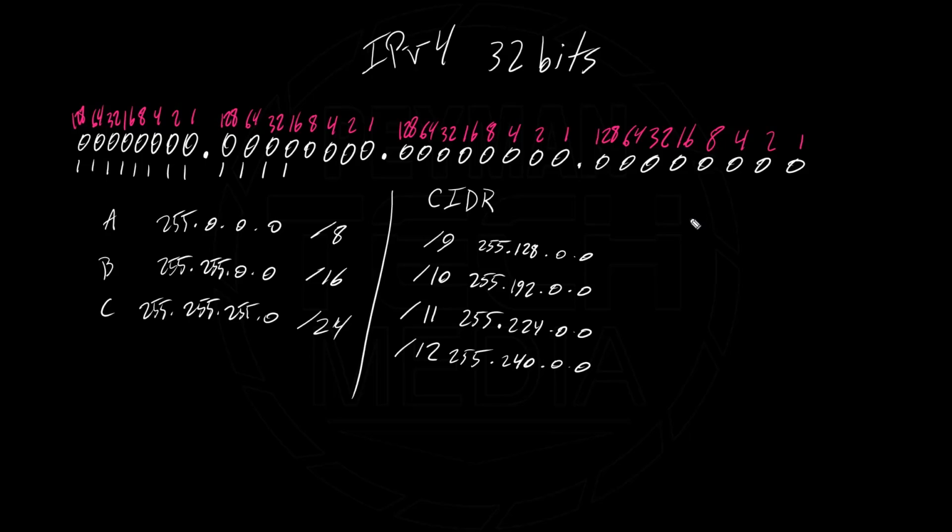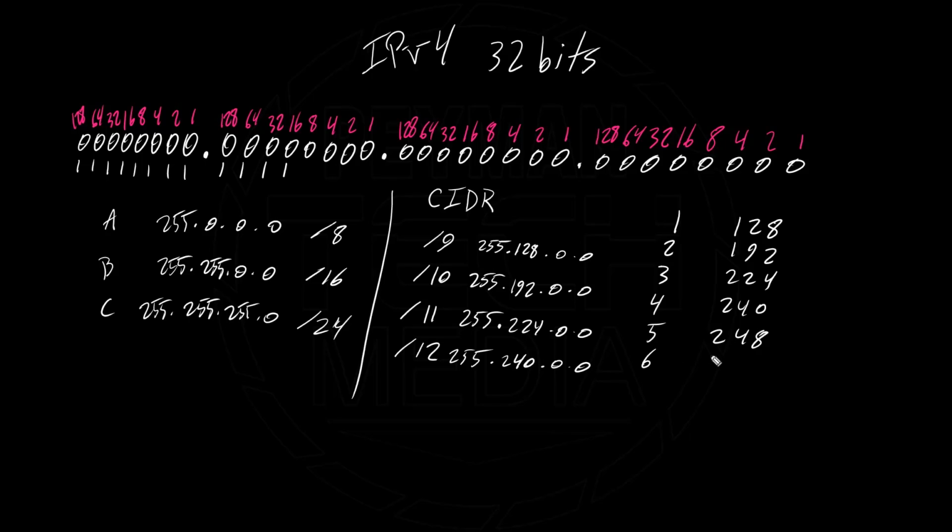Anytime we're borrowing 1 bit, it's always 128. Anytime we're borrowing 2 bits, it's 192. 3 bits, it's 224. When we borrow 4 bits, it's 240. When we borrow 5 bits, it's 248.